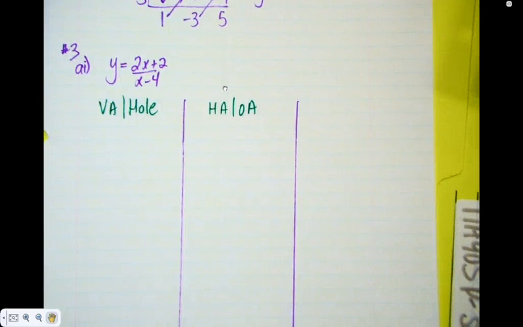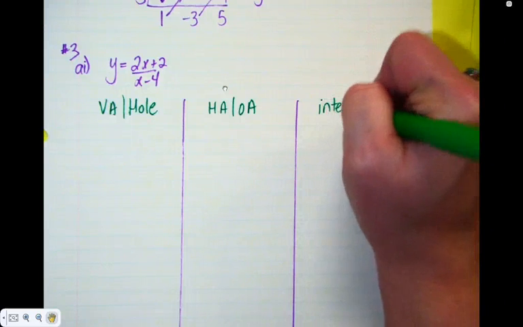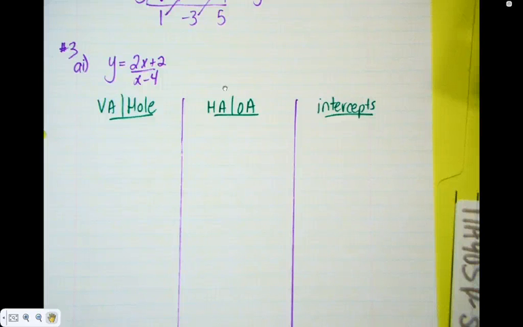And the only thing I'm adding in that we haven't talked about yet is intercepts, but you've been doing those since grade 10. You don't need to use columns. It's just the way my brain works because I like to compartmentalize. If you like to do it differently, do it differently. I don't care. Is there going to be enough room in those columns for fake division if it's necessary? Do you think I would set up columns that weren't long enough? Do you think my brain would allow me to do that? Yeah.